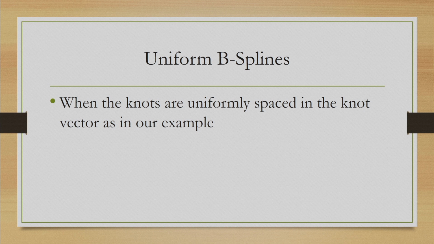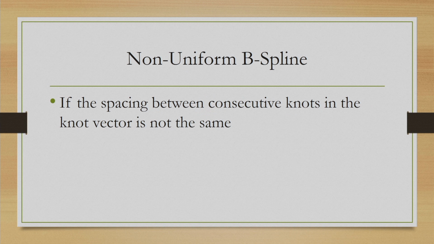When the knots are uniformly spaced in the knot vector, like in the example we have seen before, those B splines are called uniform B splines. If the spacing between consecutive knots is not the same, then we get non-uniform B spline.